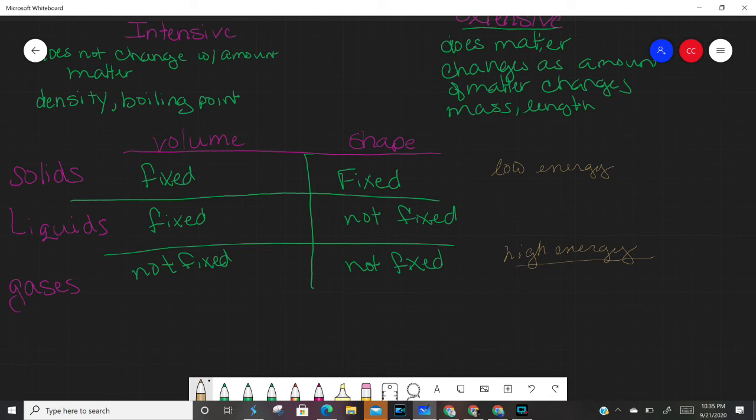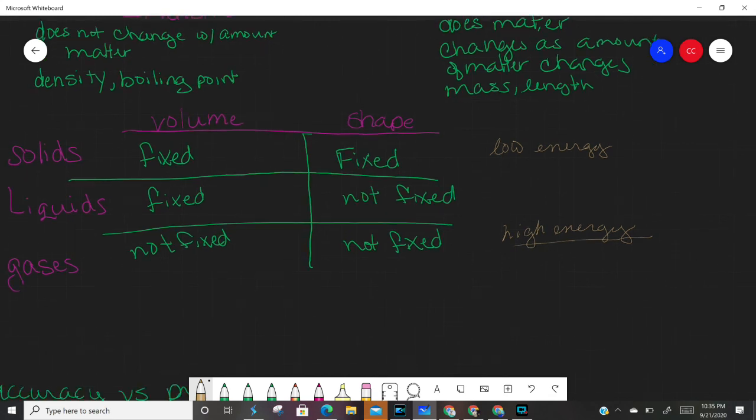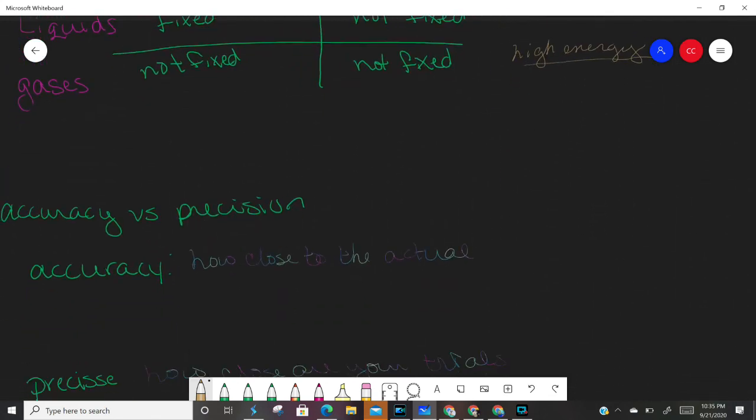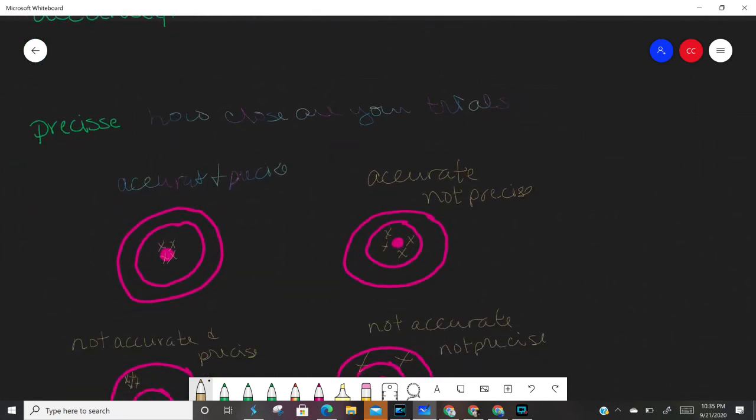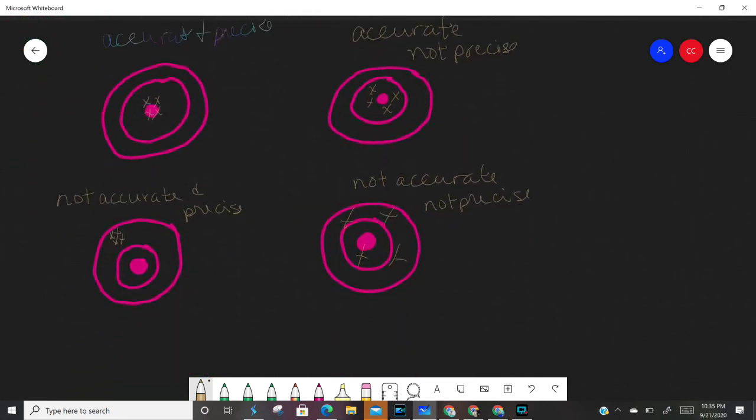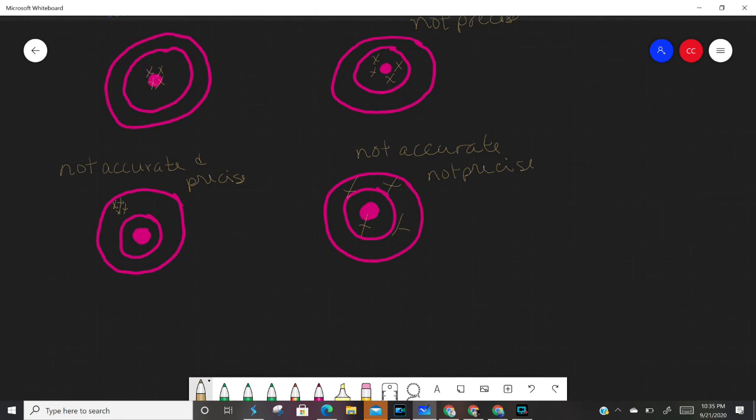So it has high energy. Accuracy and precision. There was one more concept I thought we needed, but I will go ahead and wrap this up now.